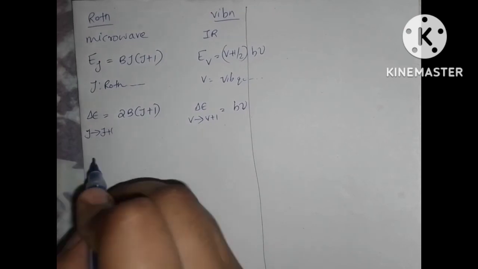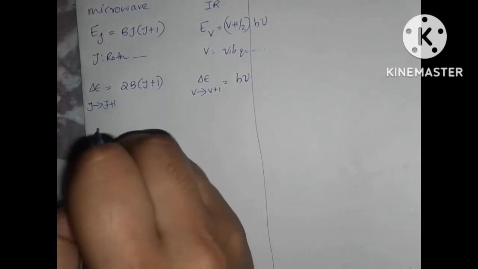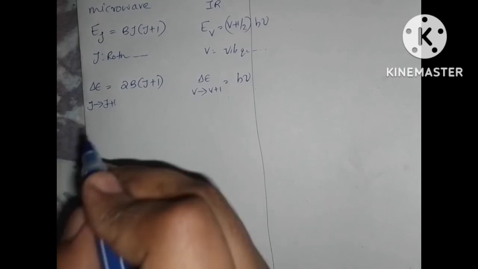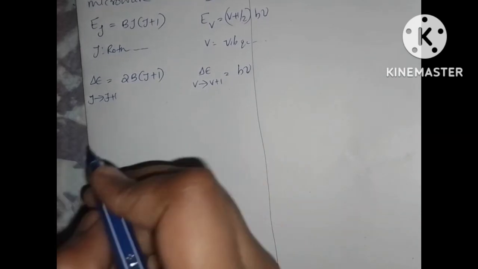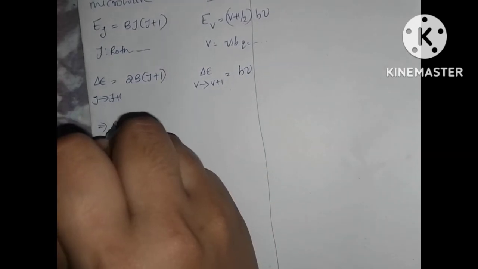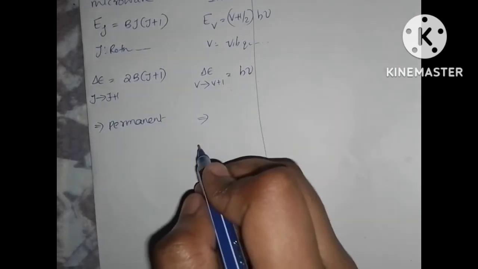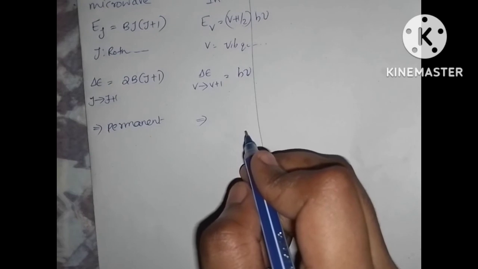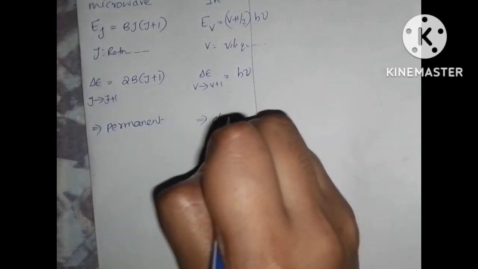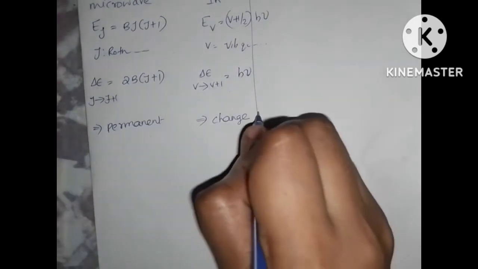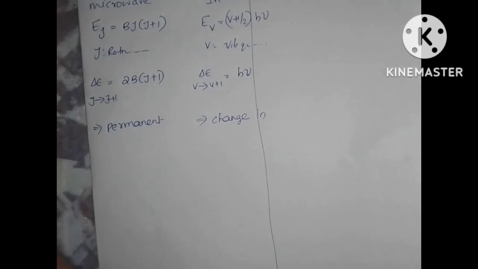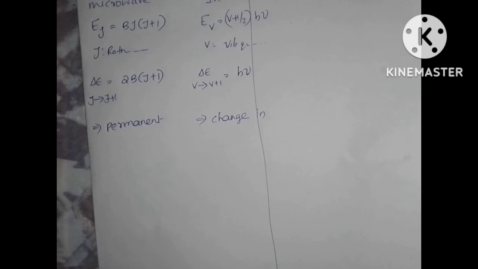Here the selection rule was that for a molecule to be rotationally active, it should have a permanent dipole moment. For a molecule to be vibrationally active, it should show a changing dipole moment during its vibration. That means the dipole moment before stretching and after stretching should be a different value.